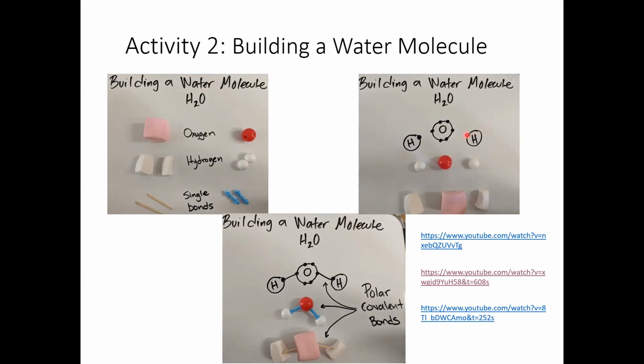You need to look at your electrons in order to make that determination, and the bond size to determine the angle size as well. These videos will talk you through that activity. So I'll let you guys go ahead and use those videos as your resources, but if you have any questions, just let me know.